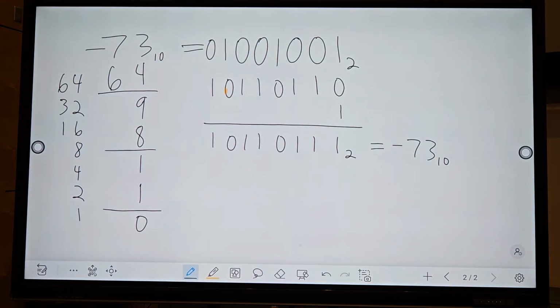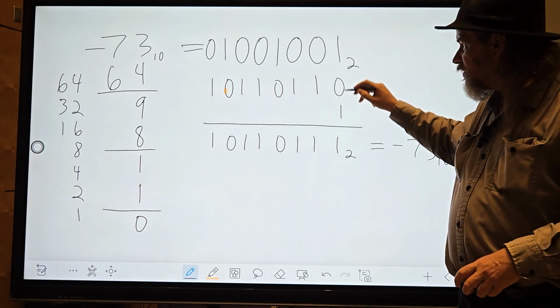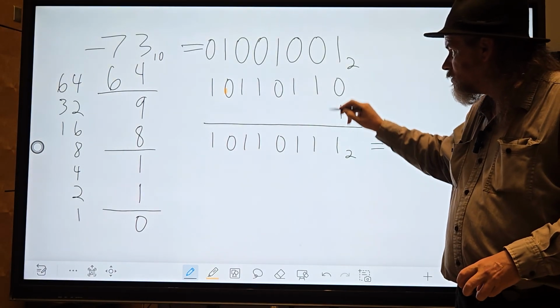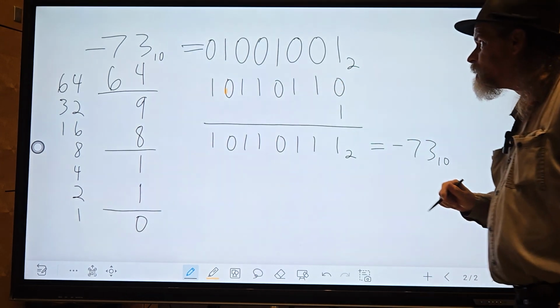So when you get into math, all you have to do is worry about addition. Addition, like we did here, is just simple. 1 plus 0 is 1. 1 plus 0 is 1, so on and so forth.